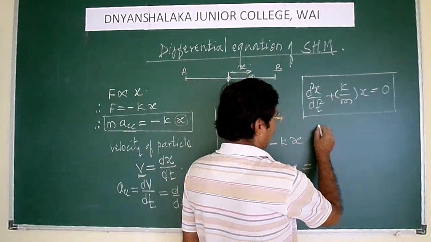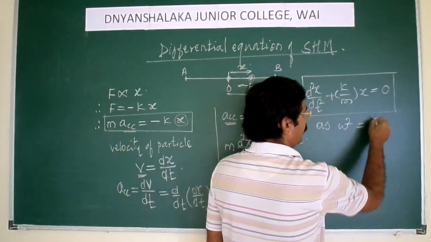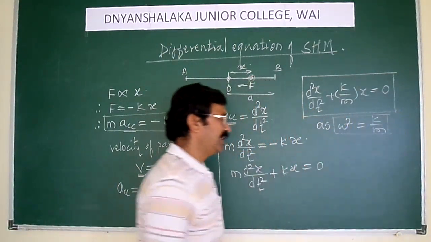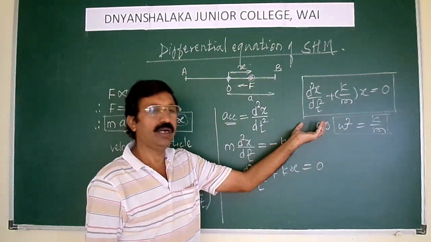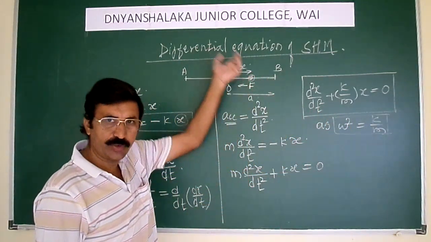We also know that omega square is equal to k upon m. I will explain this expression when we equate simple harmonic motion to circular motion.